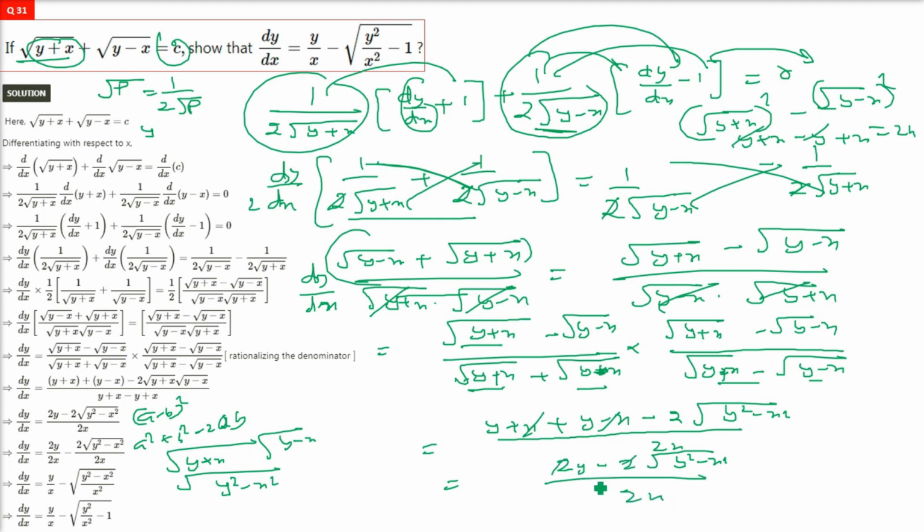Now you can just cancel this 2 to 2 because it can be taken common. So you have y minus under root y square minus x square divided by x. It is x because 2 has been cancelled. So how can we write this? It is y by x minus. Now I am taking this x in the denominator, so it has to be x square. If I want to take it in the denominator with an under root, x will be under root x square.